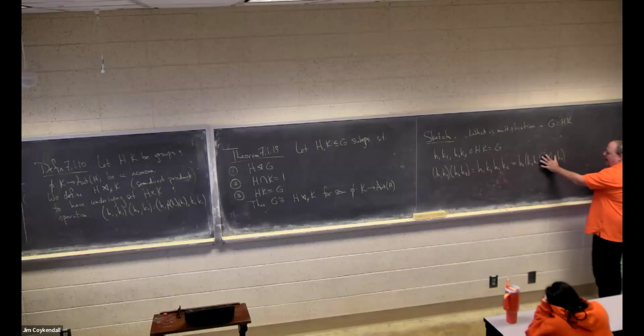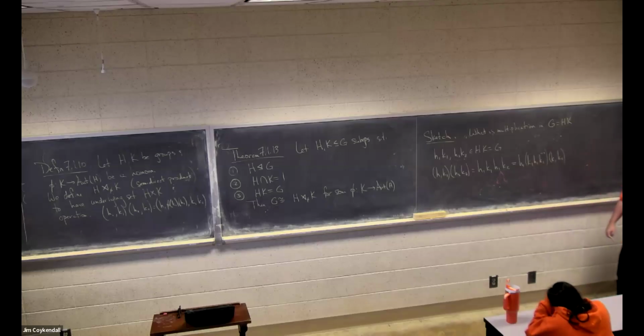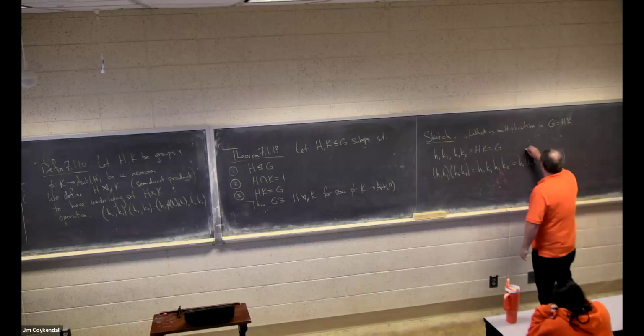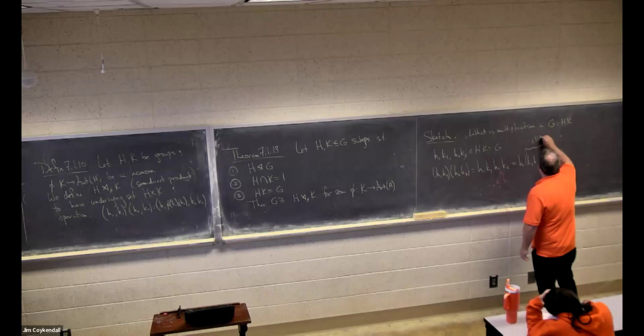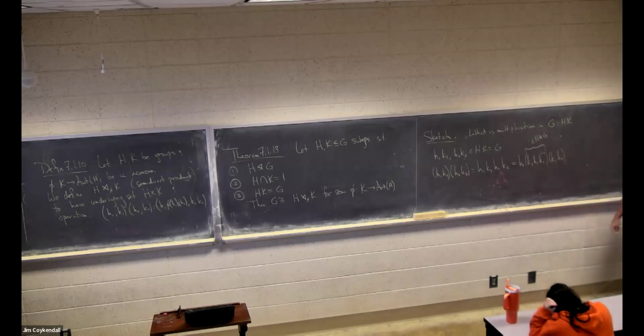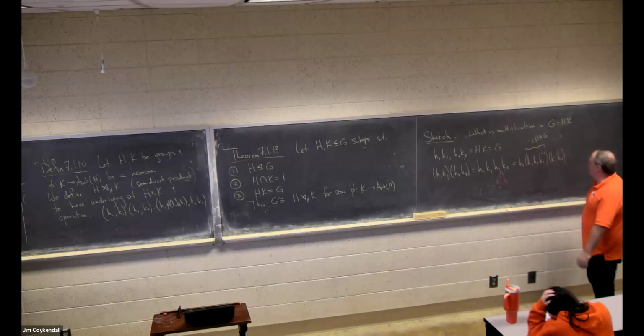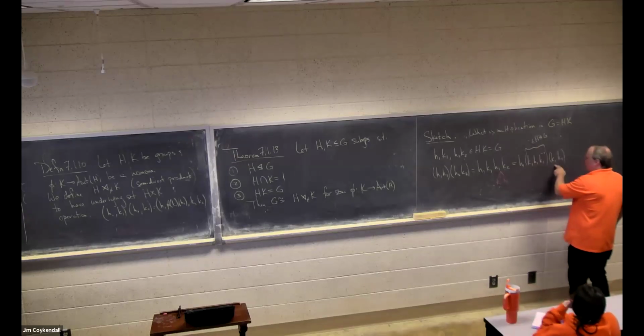Notice if I cancel the K1 and the K1 inverse, I've got the same string as the last one. And what do I know about this? This is in H, which is normal. Everybody agree with that? This is why H being normal matters. So now my new thing is in here.